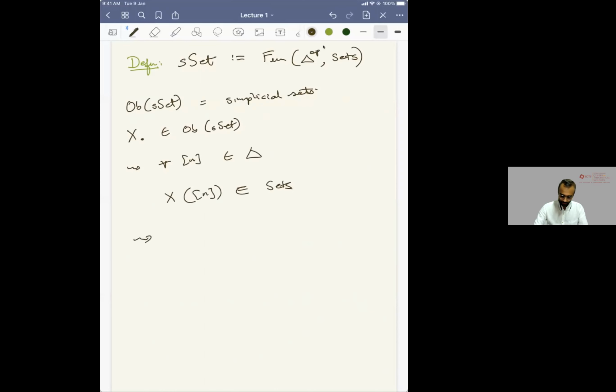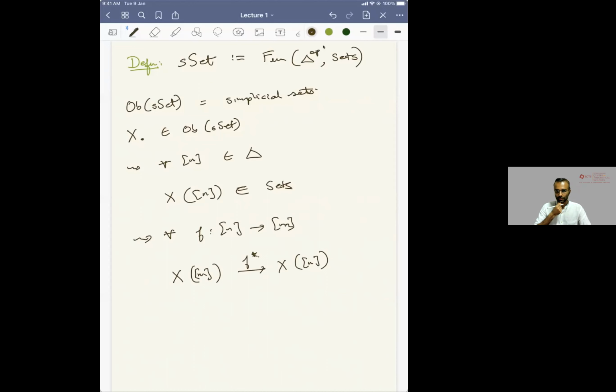And for all f from n to m, you should have a morphism X of m to X of n, which we'll call f upper star. Okay. This is what it means to give an object in the category of simplicial sets.